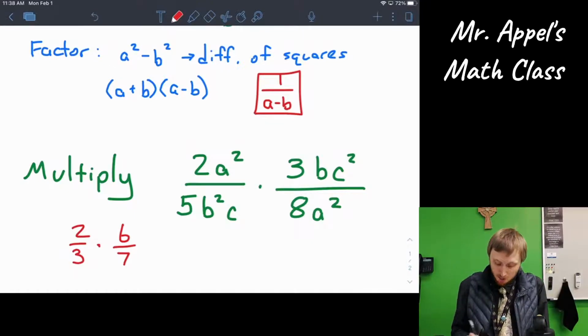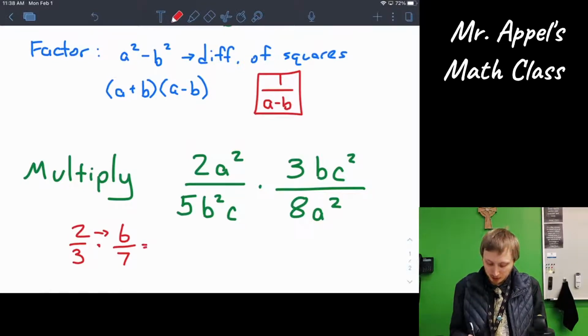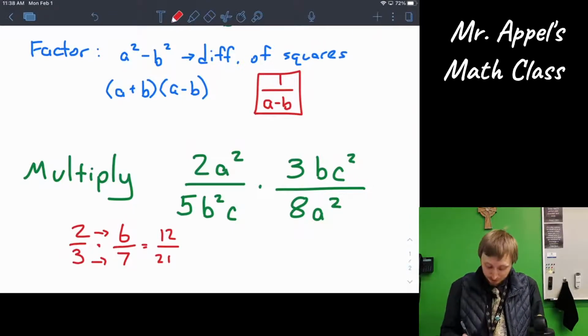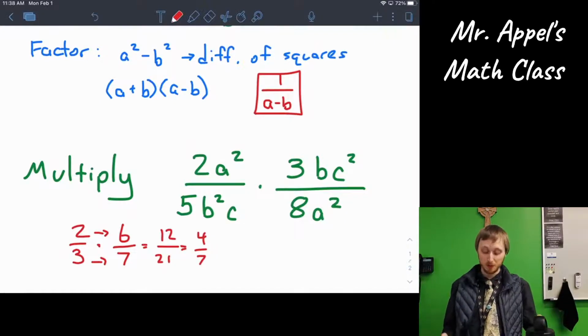You'd say, multiplying fractions is easy. I multiply all the numerators across, 2 times 6 is 12. I multiply all the denominators across, 3 times 7 is 21. And now I simplify this fraction. Let's say this is reducible by 3, so we get down to 4 over 7. There we go, right? And you reduce your fraction.